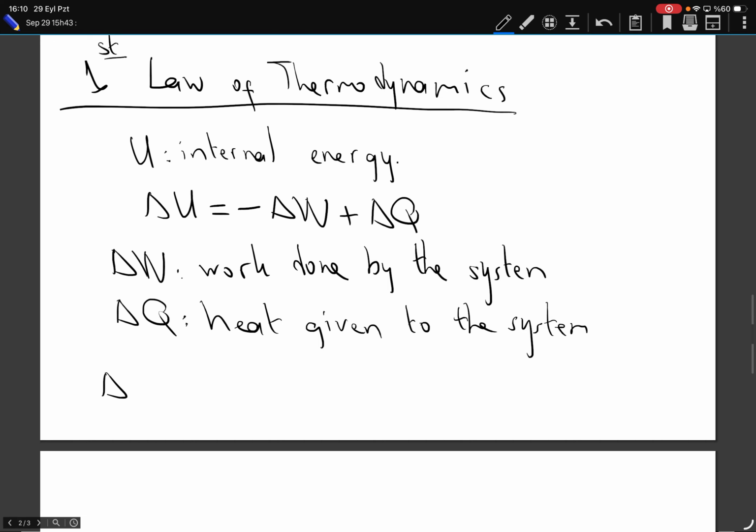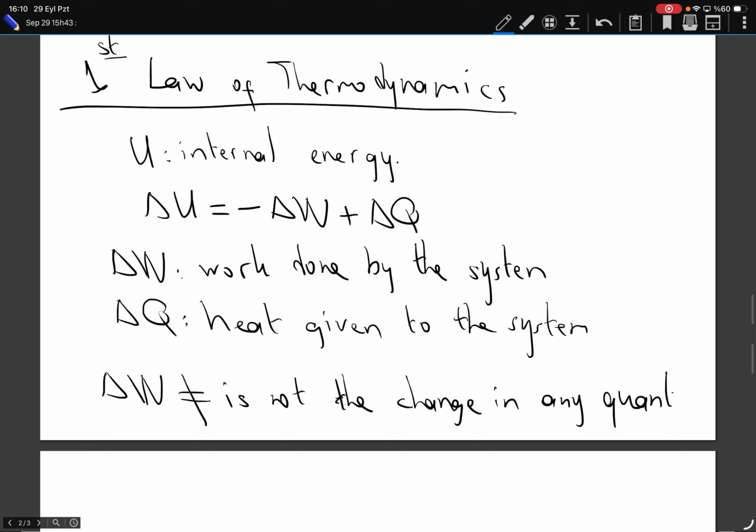But delta W is not the change in any quantity. There is no function W whose change gives us delta W. It just doesn't exist, such a function. Similarly, delta Q is not the change in anything.